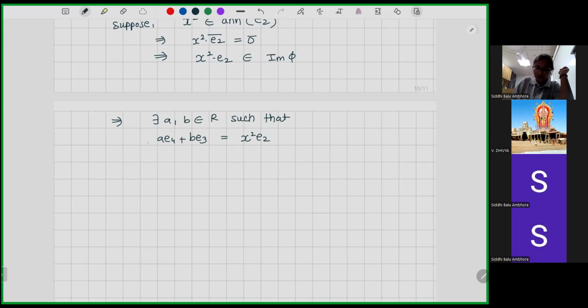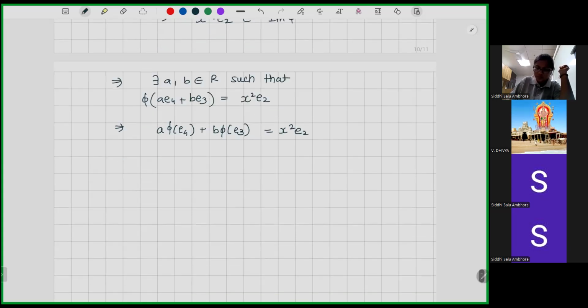Since this is phi, an R-module map, A and B come out, and phi of E3 is equal to x square E2.